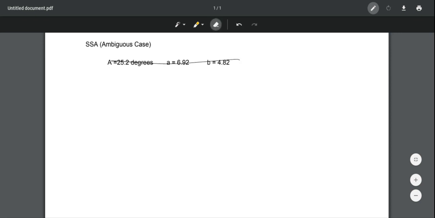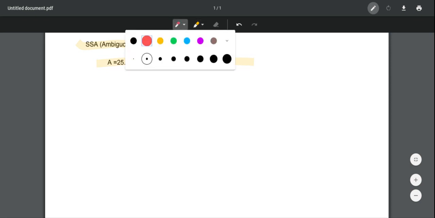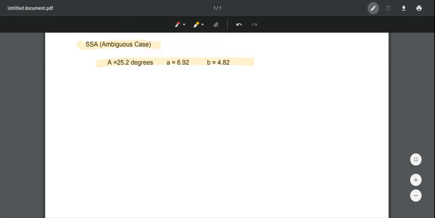So if I want to go over that ambiguous case one more time, I need to look at what I'm given. The only time you're going to have the ambiguous case is when you have SSA. And if you're having difficulty determining whether you actually have the SSA case, draw the triangle. So say I drew a triangle and I had, say, A, B, C. Label the parts.